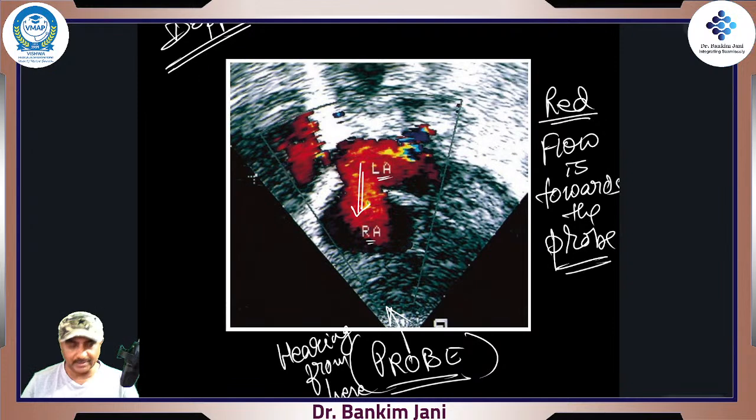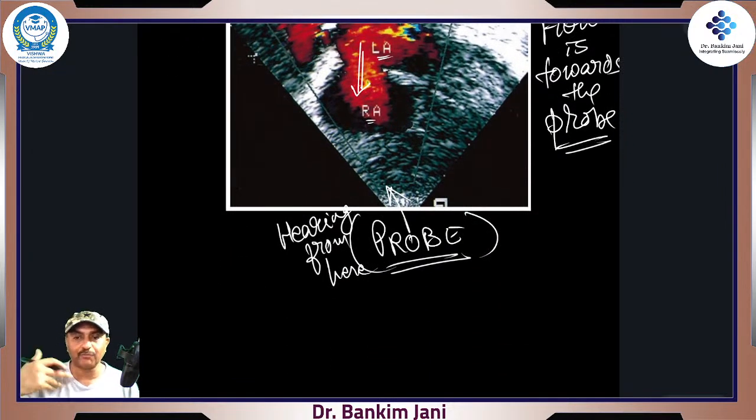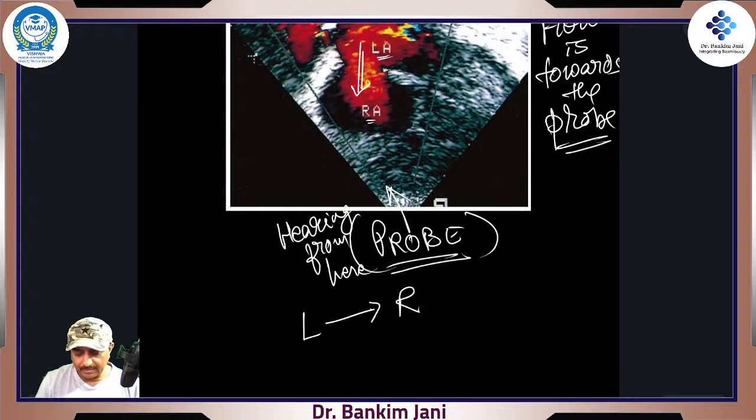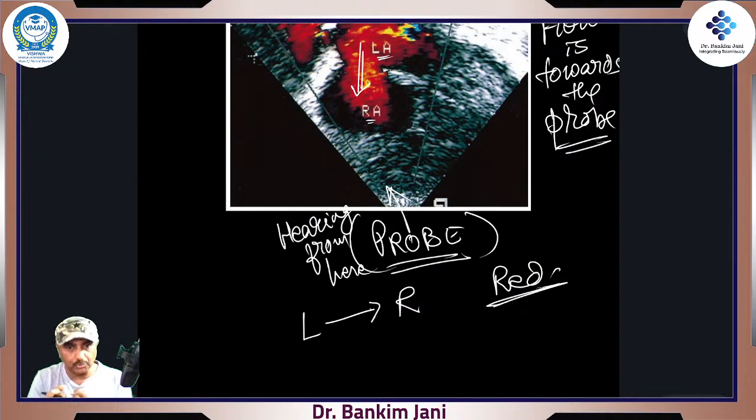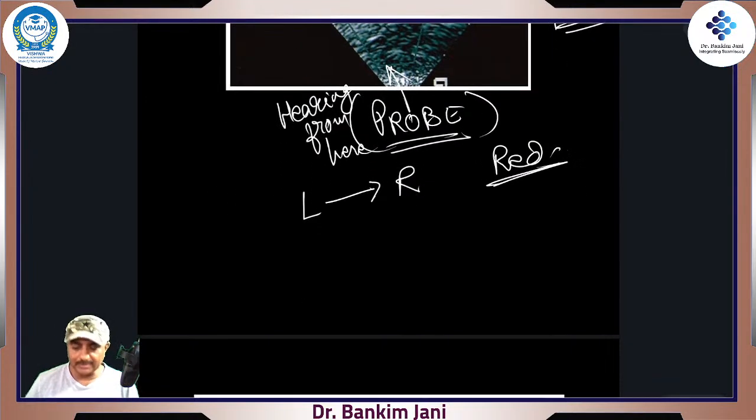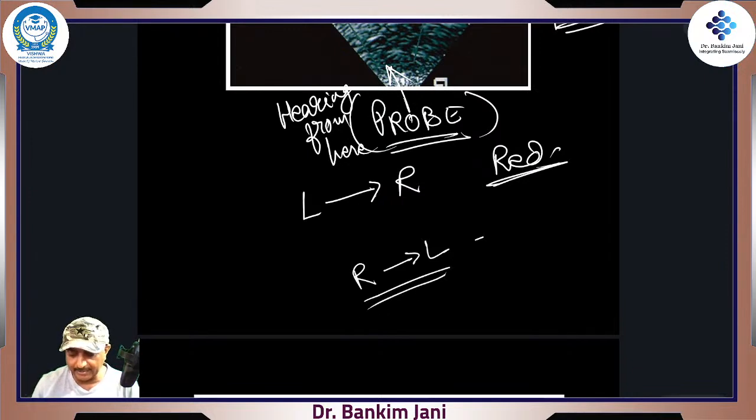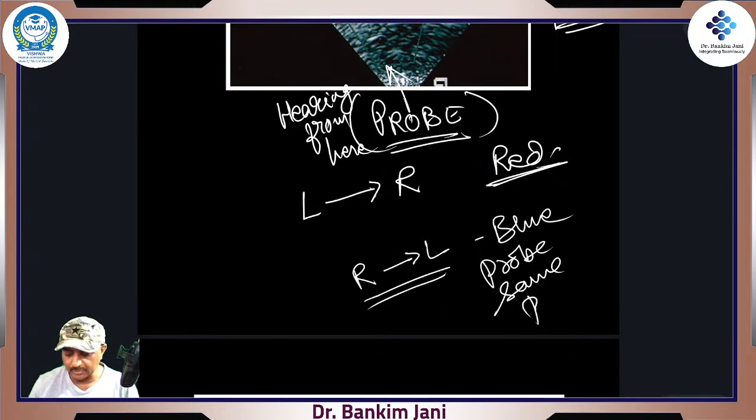They just understand the flow, in which direction. So when it is left to right, it would be red because blood is coming towards the probe. And obviously from right to left in this situation, if the probe position is the same, then it would be blue, right? Probe same position, right?